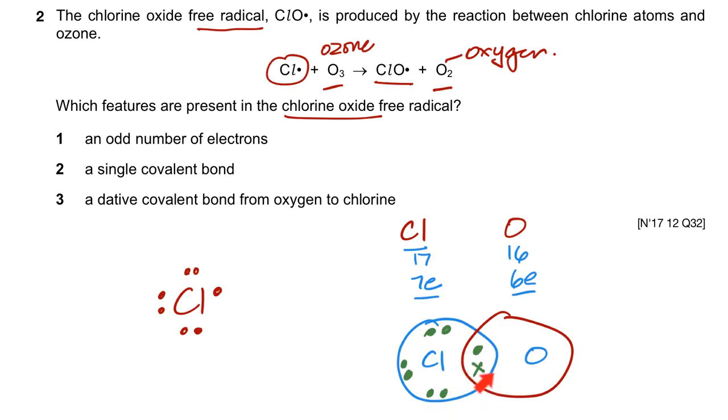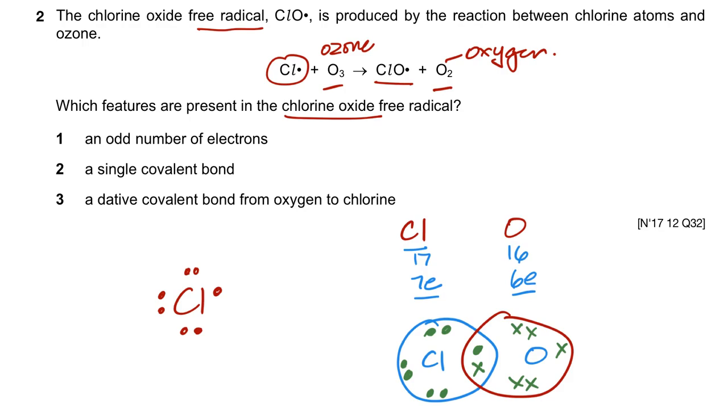Now we go to oxygen, because this chlorine seems to be satisfied. Oxygen has how many electrons? 6. So 1, 2, 3, 4, 5, 6. Now what do we see? Because they're telling me it's a free radical, so one of them is going to have unpaired electrons. And obviously, you can only have unpaired by having fewer electrons.